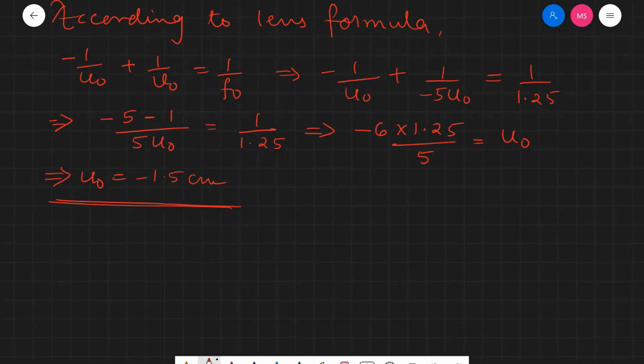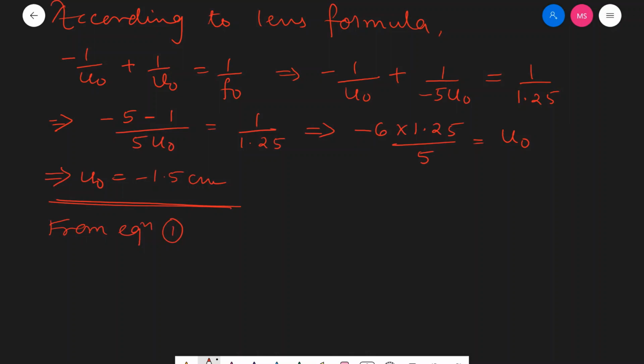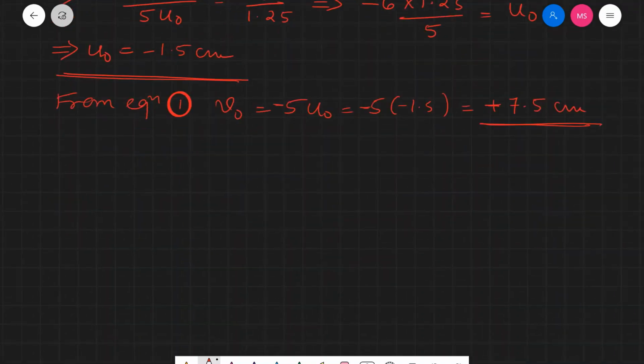Now from equation 1, VO is minus 5 times UO. So that is minus 5 into minus 1.5, which is minus times minus, and this will become plus. So VO will be 7.5 centimeter.